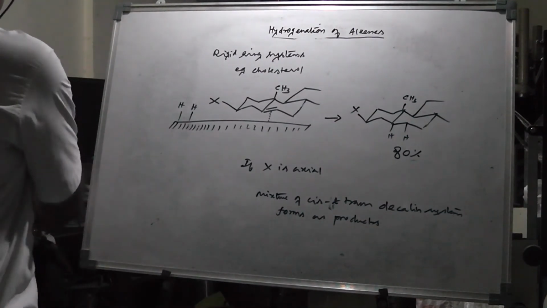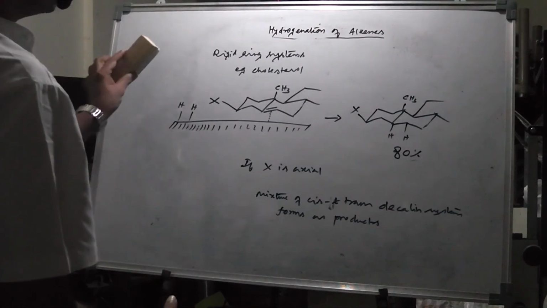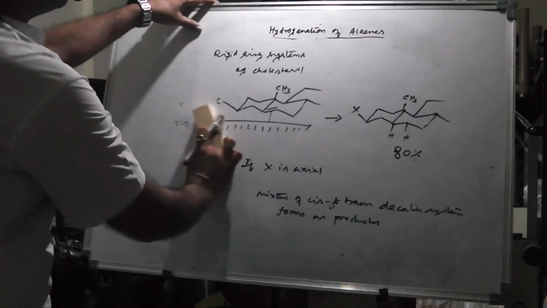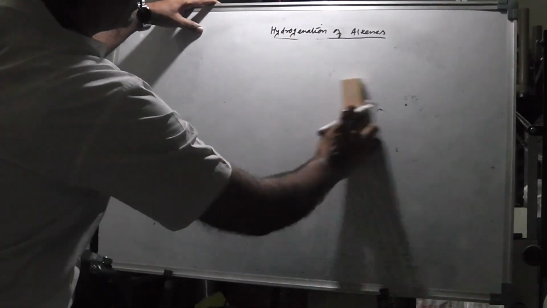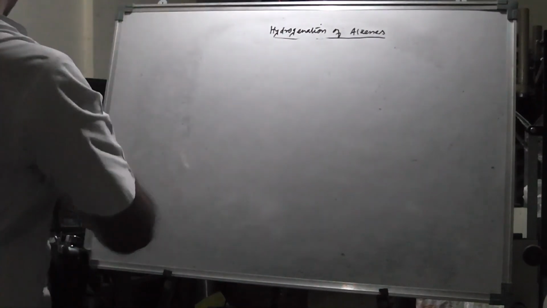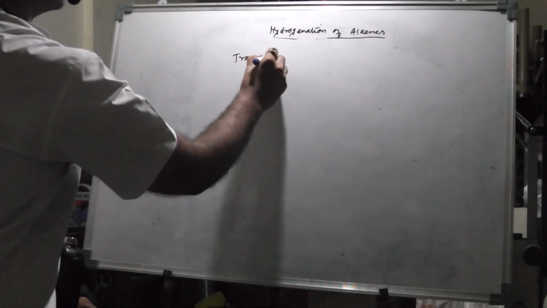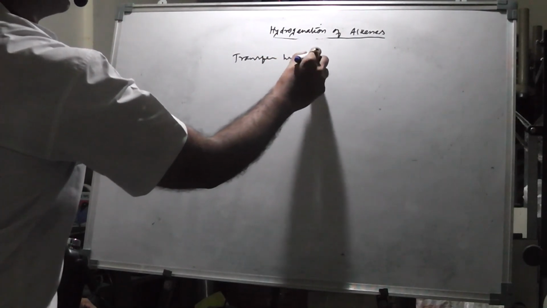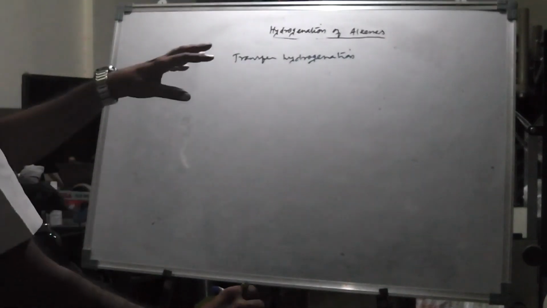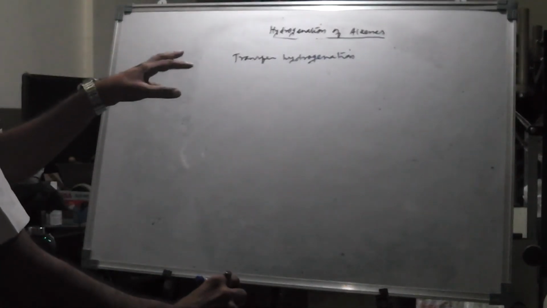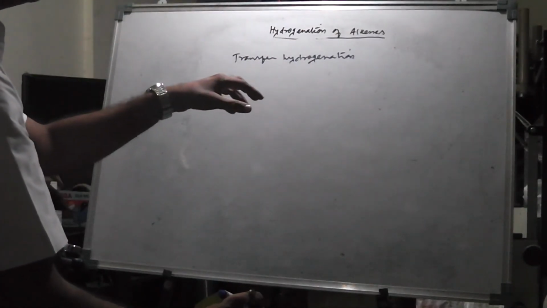Another hydrogenation method is called transfer hydrogenation. In this transfer hydrogenation, one molecule will transfer its hydrogen to another molecule in the presence of a transition metal catalyst.